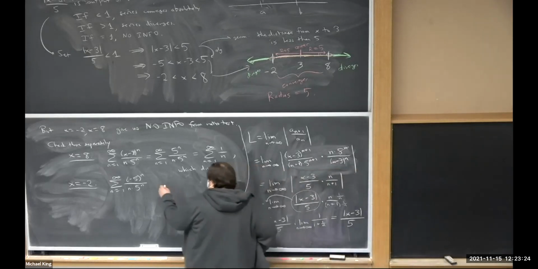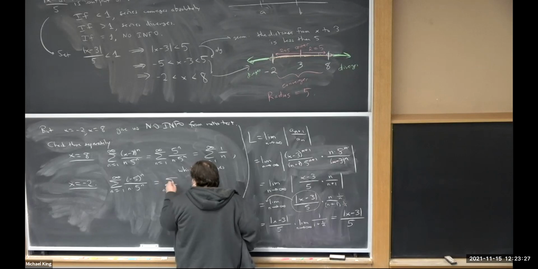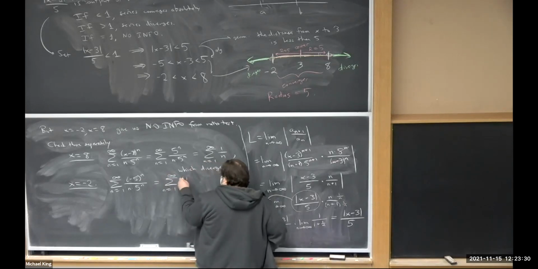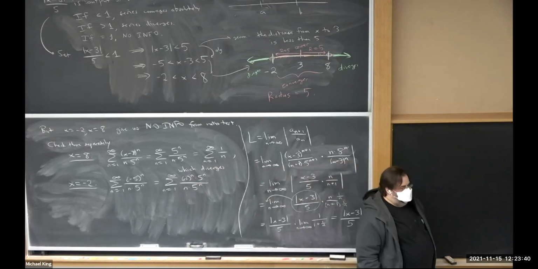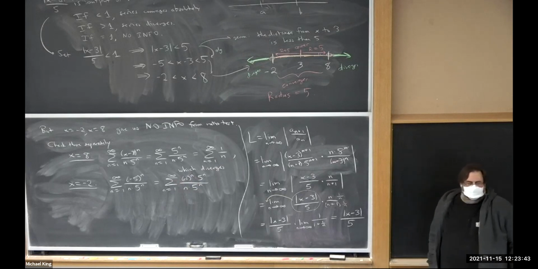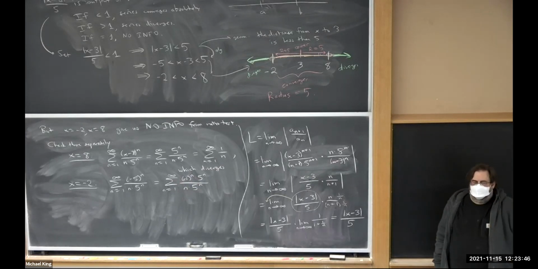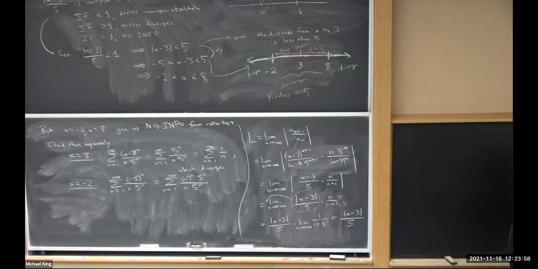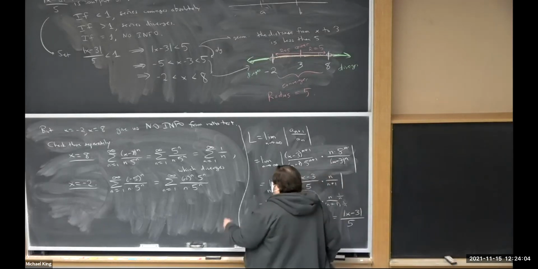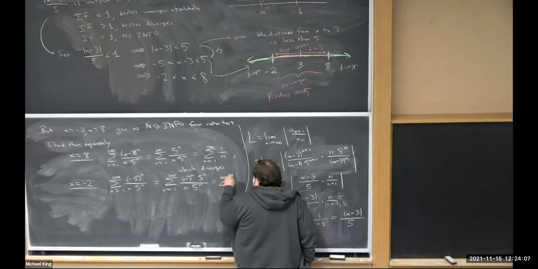One thing you can do, if you want to really see what's happening, is separate this (-5) to the n as (-1) to the n times 5 to the n. Right, (-5) to the n can be rewritten as: -5 times -5 is -1 times 5 times -1 times 5, which is -1 times -1 times 5 times 5. Is that believable? So the 5 to the n's cancel again, and we get this series.